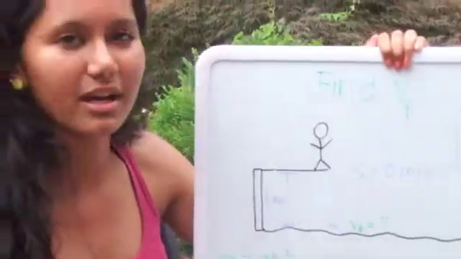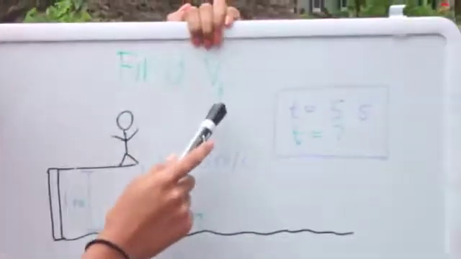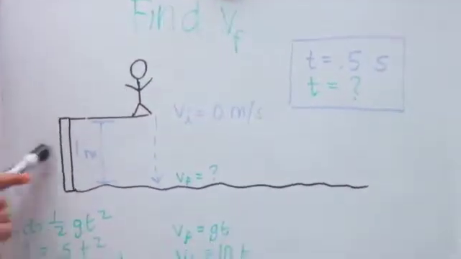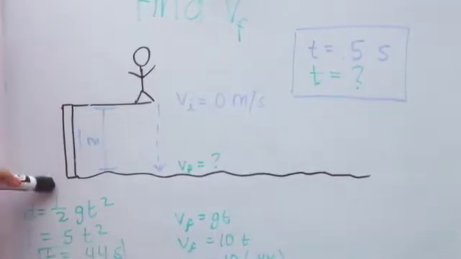So this is the first one we did. We're trying to find the final velocity as Lindsay free falls down this 1 meter board.